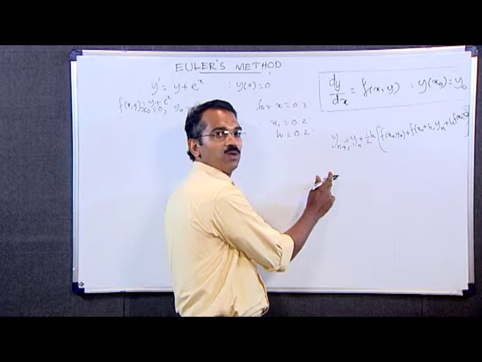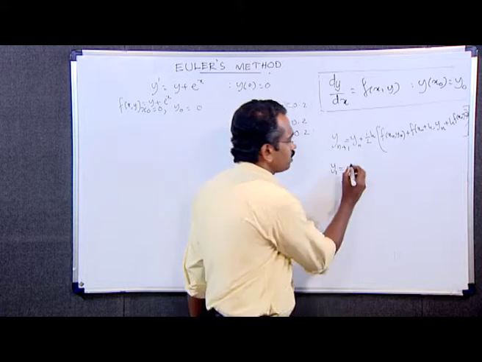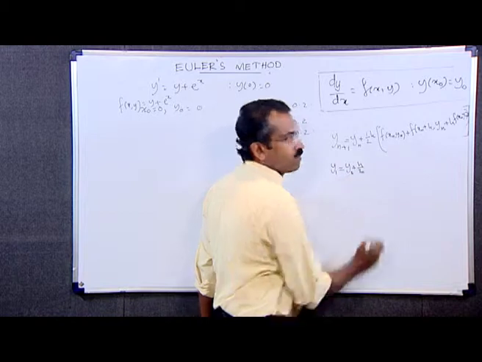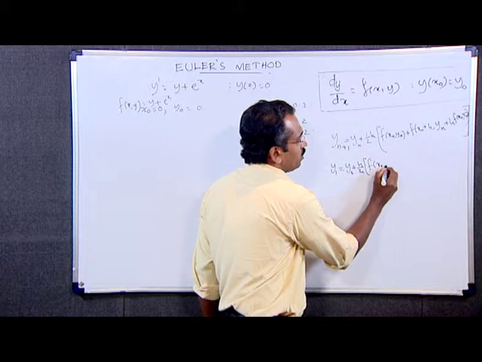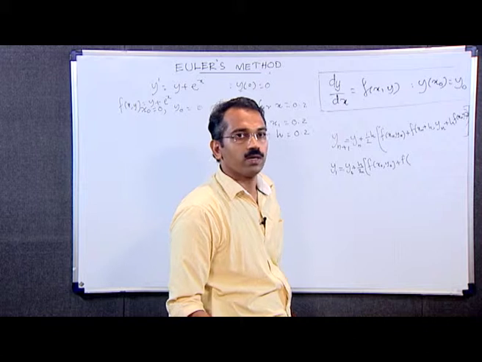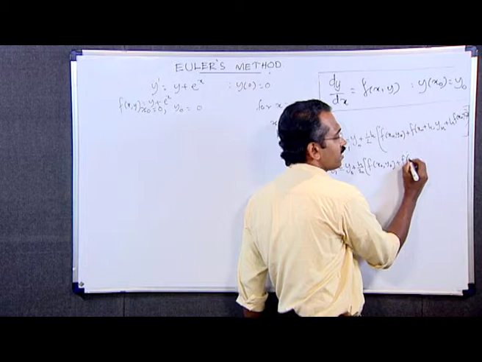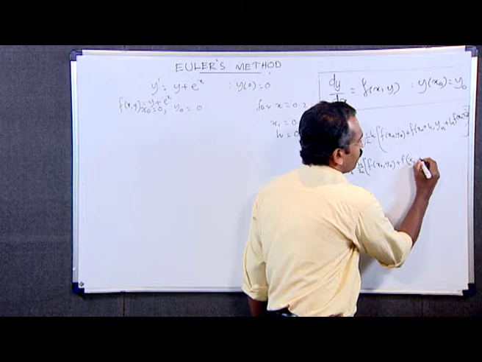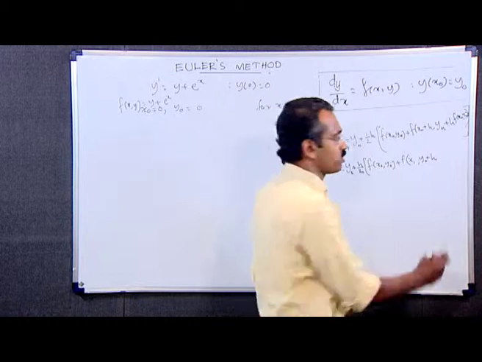For n equal to 0, we have y1 is equal to y naught plus 1 by 2 into h into f of x naught y naught plus f of x naught plus h, here x naught plus h is x1, comma y naught plus h into f of x naught y naught.